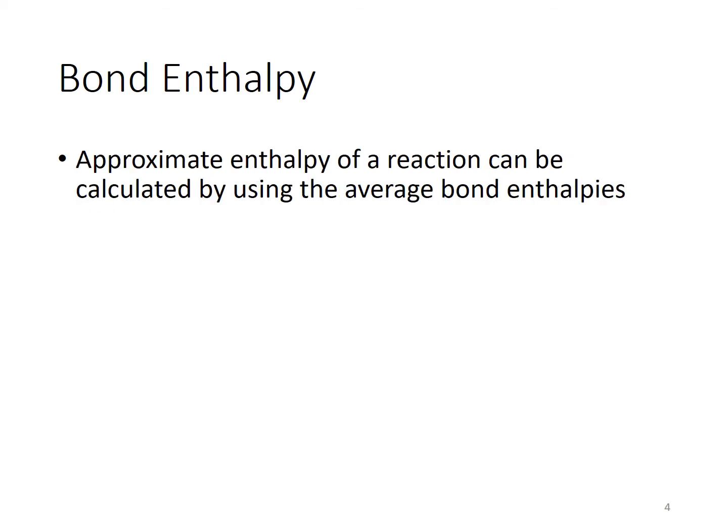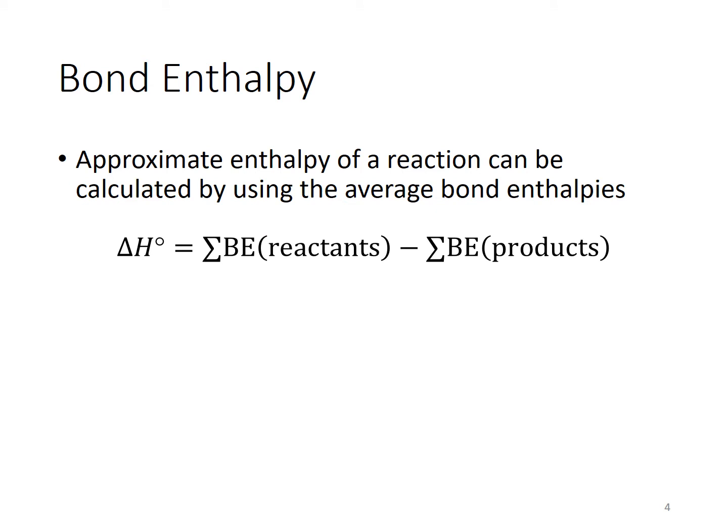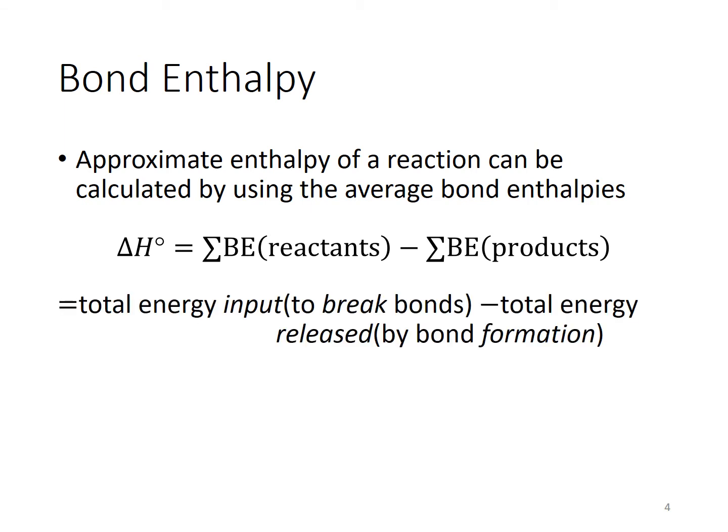So like I said, we can approximate the enthalpy of a reaction by using the average bond enthalpies. So the delta H is the sum of the bond enthalpies of the reactants minus the sum of the bond enthalpies of the products. That is equal to the total energy input, essentially, to break all of the bonds, minus the total energy released by that bond formation.